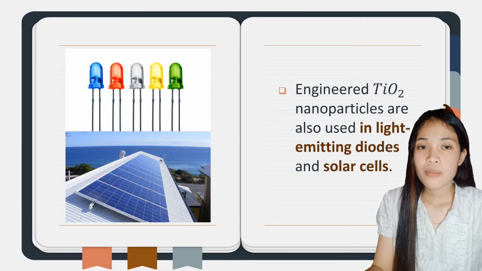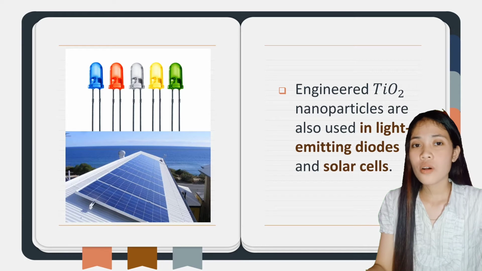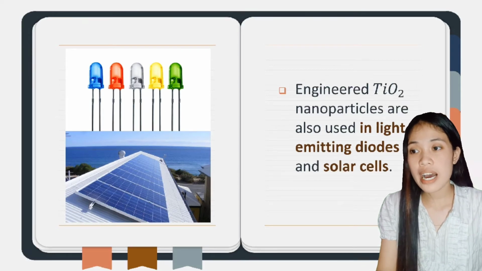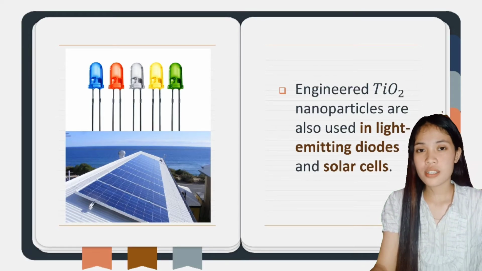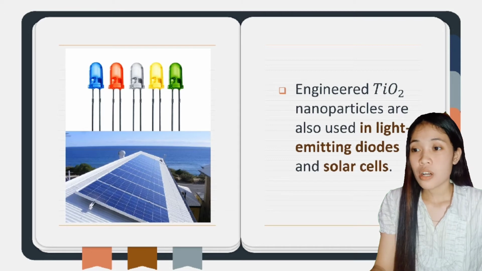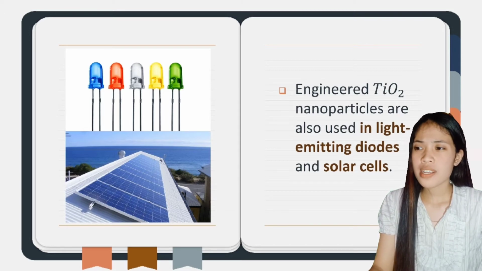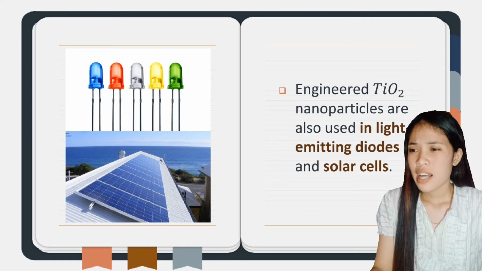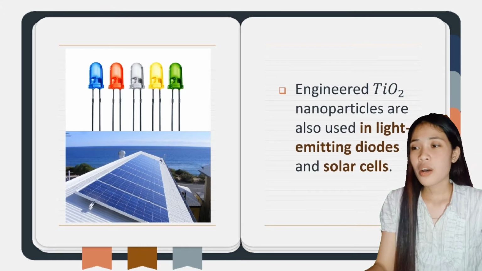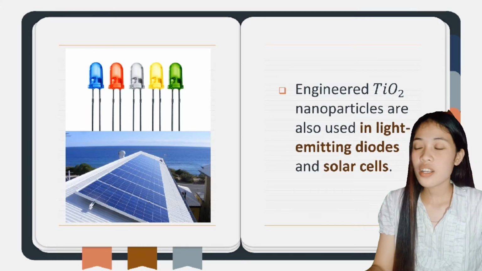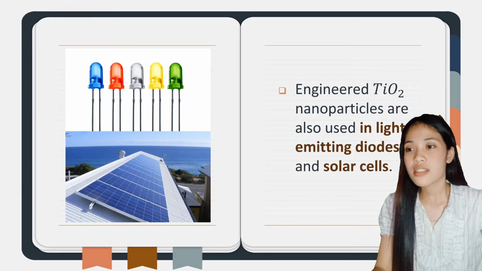Engineered titanium dioxide nanoparticles are also used in light-emitting diodes and solar cells. So if you have solar panels in your home or this kind of light-emitting diodes, please be aware that it contains titanium dioxide nanoparticles.